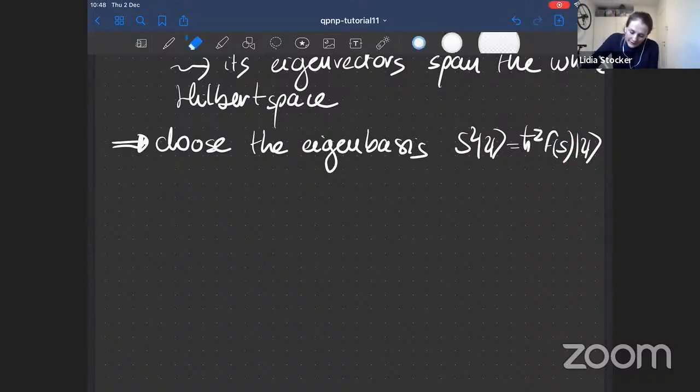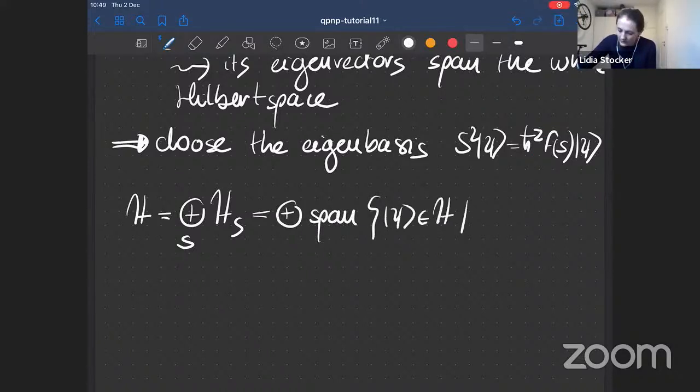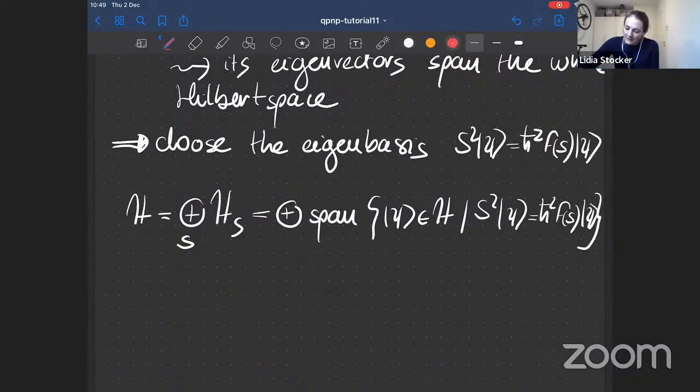So we write then H as the span of the Hilbert space, and I will now focus here. Span of psi, so that S2 psi is equal to h bar squared f psi. So this is exactly what we just defined here. Why are we doing this here?